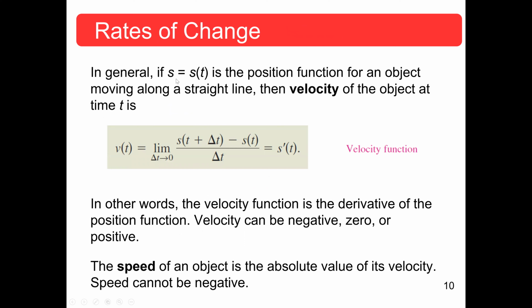In general, if s equals s of t is the position function for an object moving along a straight line, then the velocity of the object at time t is the limit as dt approaches 0 of s of t plus dt minus s of t over dt, which gives us the derivative of s at t. In other words, the velocity function is the derivative of the position function.